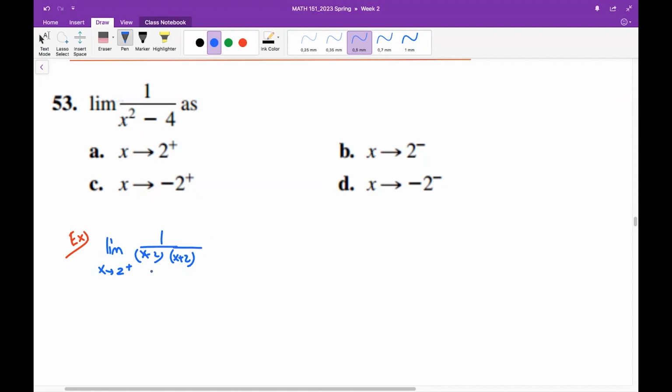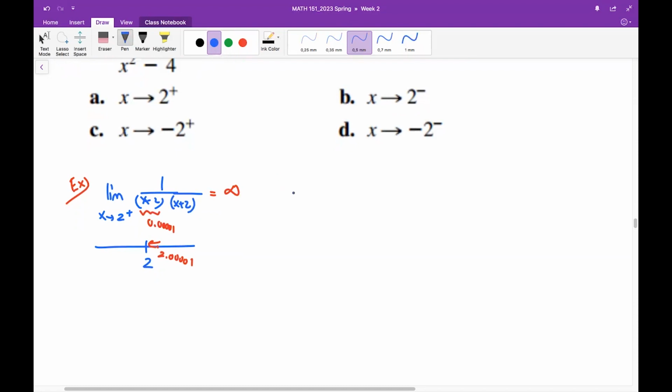What do you think this limit is? 2 is here and we are approaching from the right, meaning that we are inserting 2.00001 kind of numbers. If you subtract 2 from these numbers, you obtain 0.00001 kind of values, so what we are doing here is dividing 1 by something close to 0. So it is plus infinity because this is getting to 0 from the positive side.